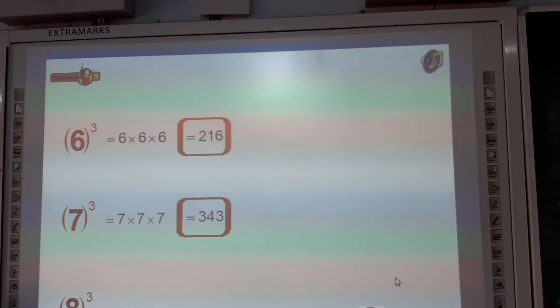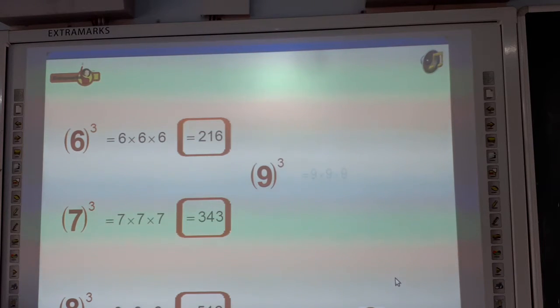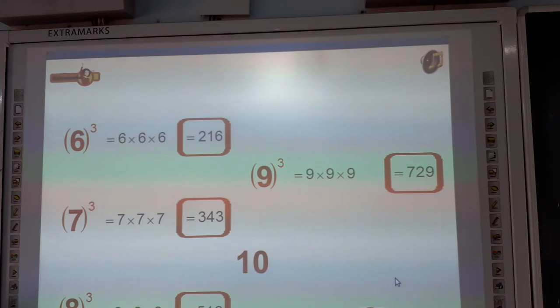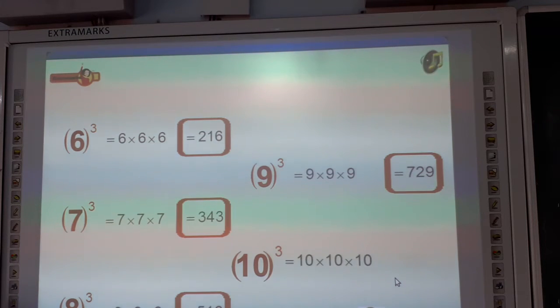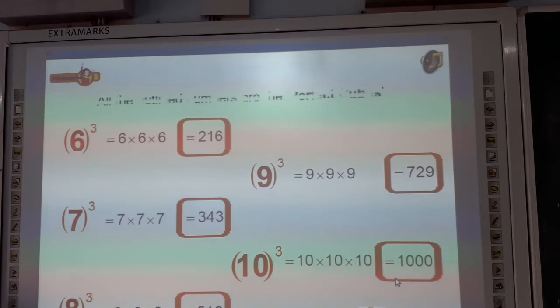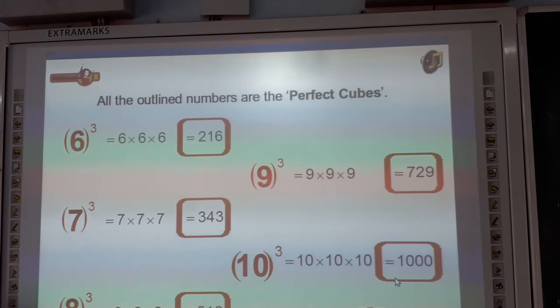Cube of 8, 512. Cube of 9, 729. Cube of 10, 1000. So in this way, these are the cubes of the first 10 natural numbers shown here in the box.